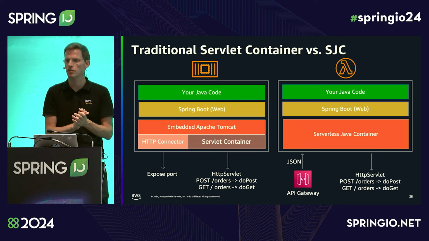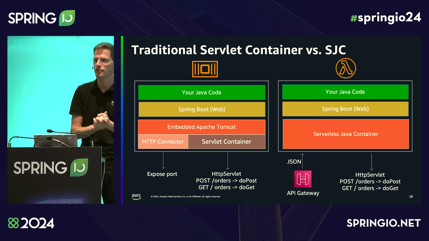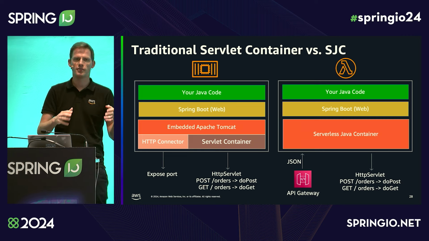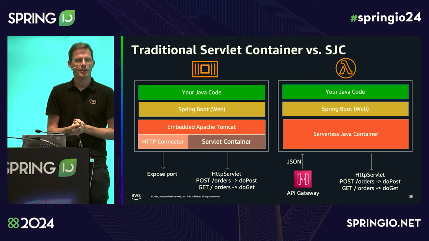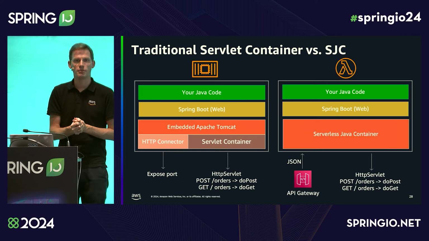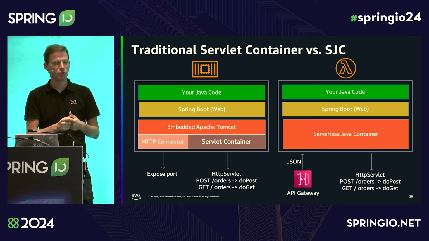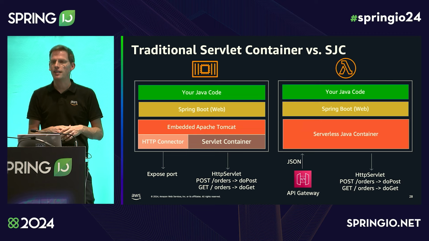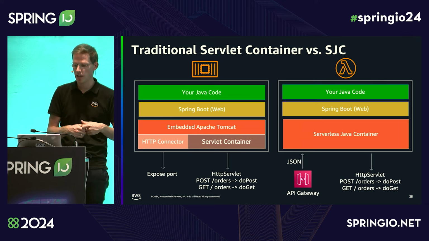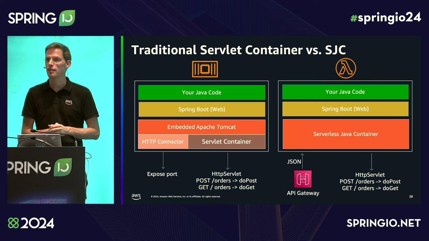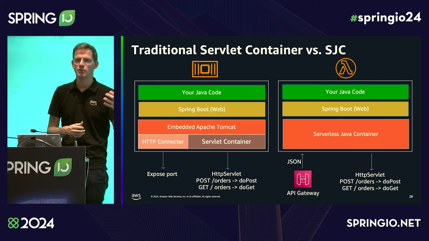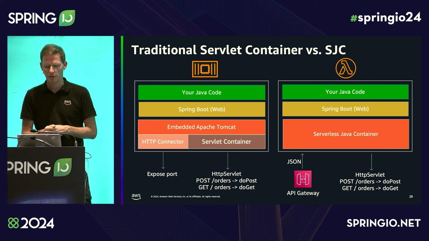And the JSON structure, of course, is something that Spring doesn't understand, because in the classic way, they expect us to deliver a servlet request. And Serverless Java container then does the conversion so that it looks as if it would be an HTTP servlet request again. And so you can use all the existing libraries and also other libraries that rely on the HTTP servlet specification.